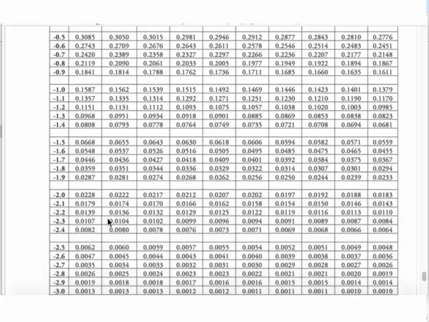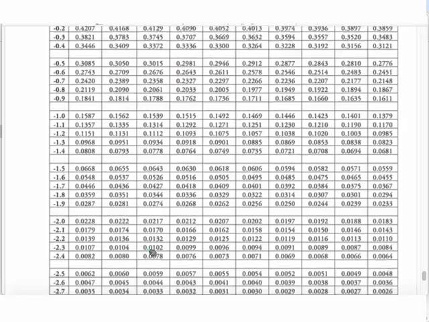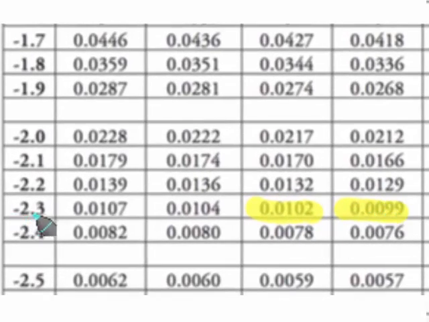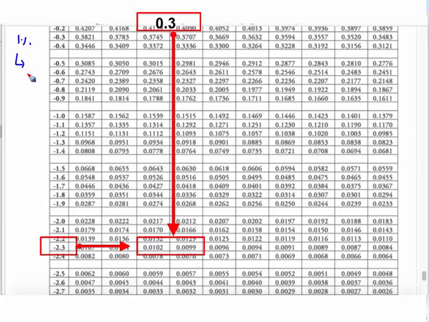That means 0.01. So search for a probability of 0.01 here. This value and this value, correct? So this is minus 2.3, and this should be 0, 1, 2 and 3. So then we can remember that for 1% VAR, the appropriate Z value is going to be minus 2.33. So write it down in your notes somewhere.